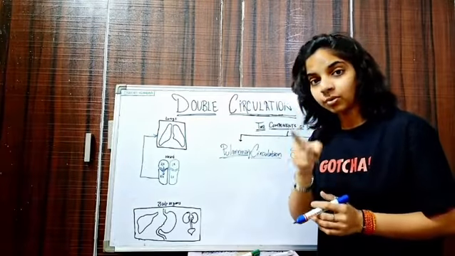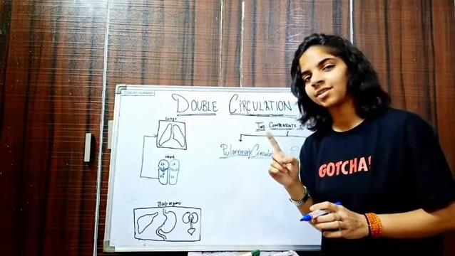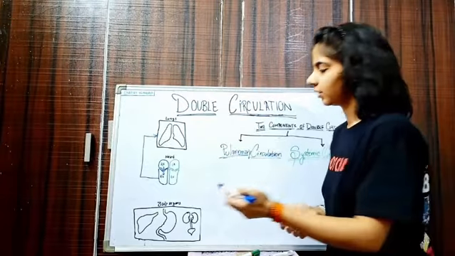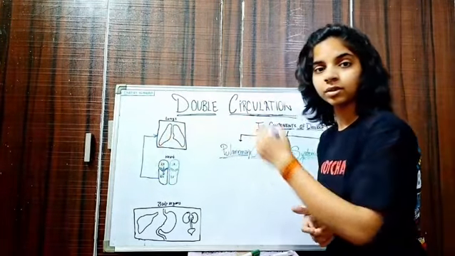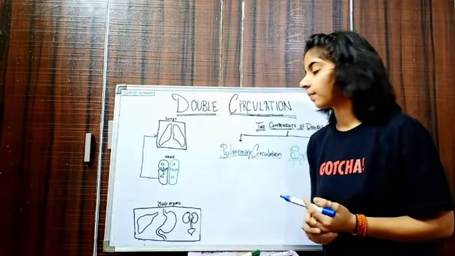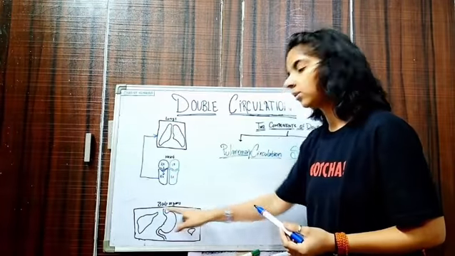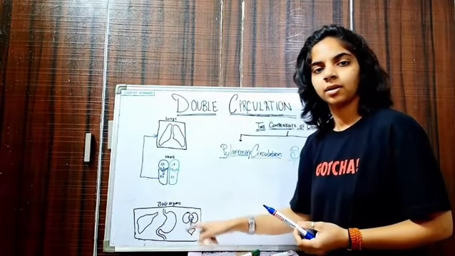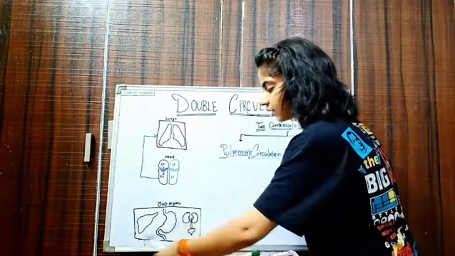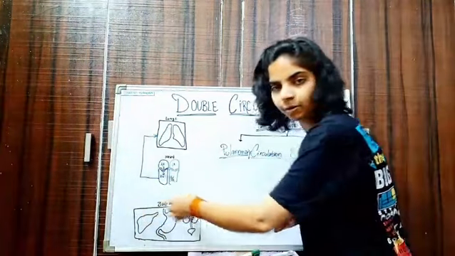And you know very well that carbon dioxide is released from our body from the lungs, of course. That is where the respiratory system comes into work and plays a very important role in double circulation. Our body organs generate deoxygenated blood, meaning they pass their waste like carbon dioxide into the blood.